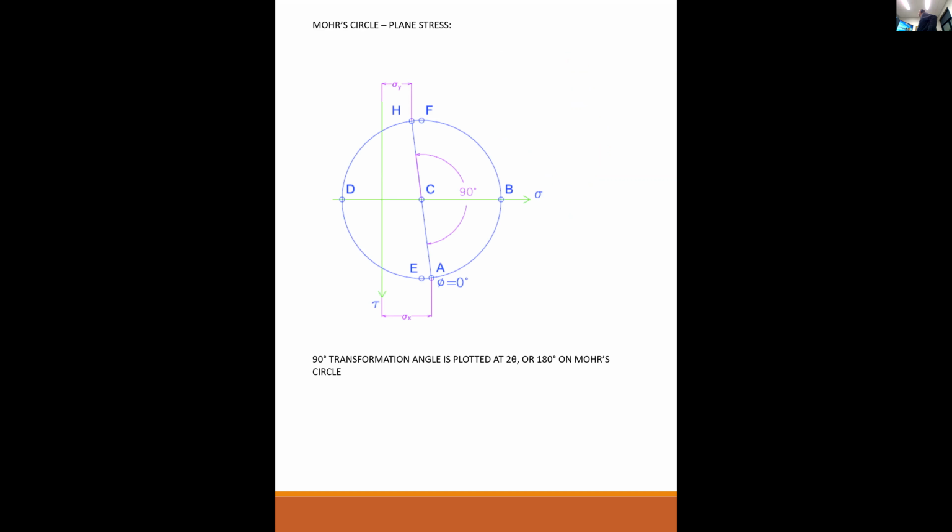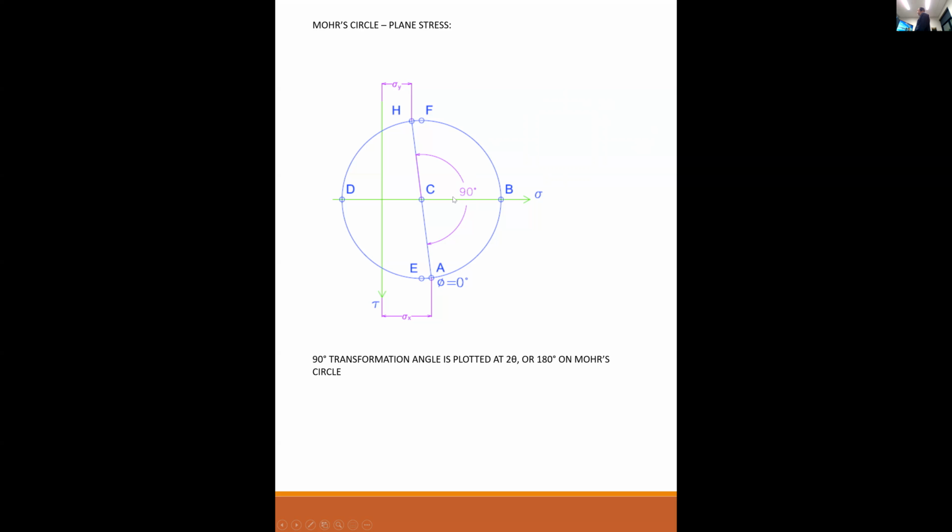Yeah, that can be a bit confusing. So E and F, or A and H, or B and D, anything that is opposite, theta is equal to 90 degrees. So on the circle, you draw it at 2 times theta. So on the circle, it's going to be 180 degrees. So this angle here, see how it's labeled as 90? Yes.